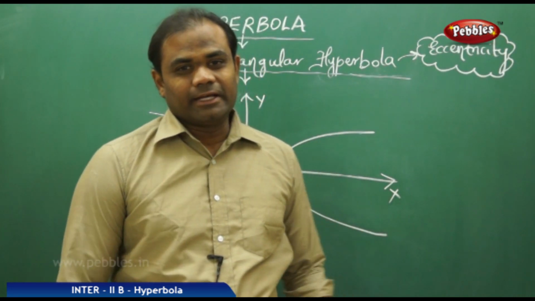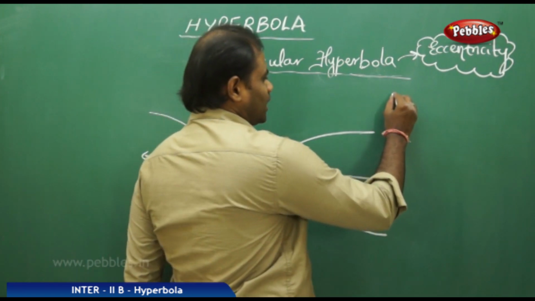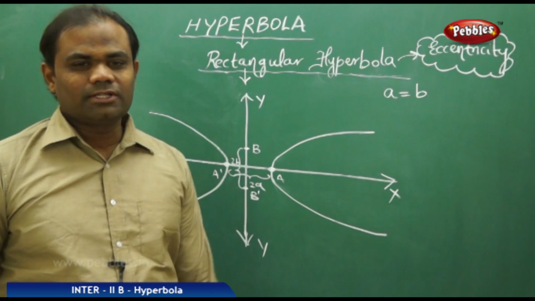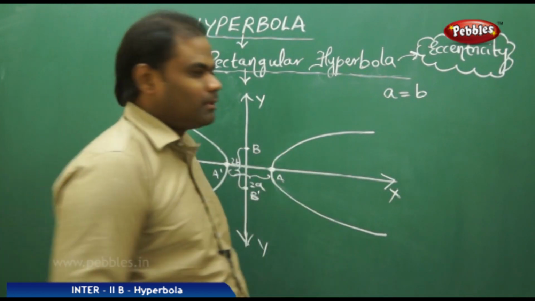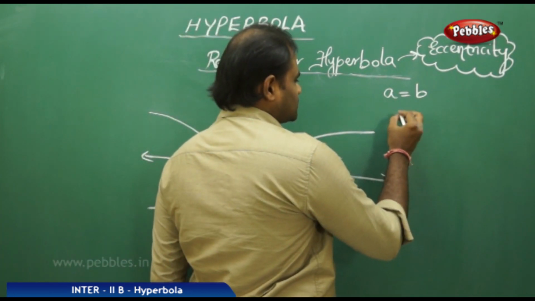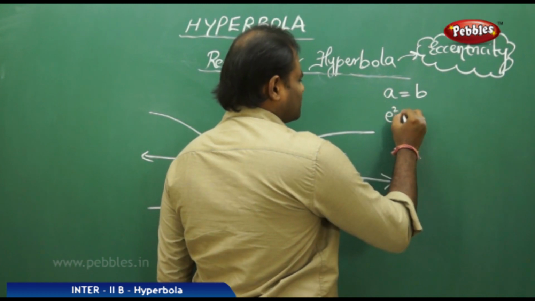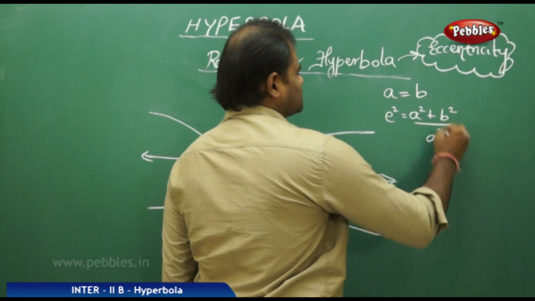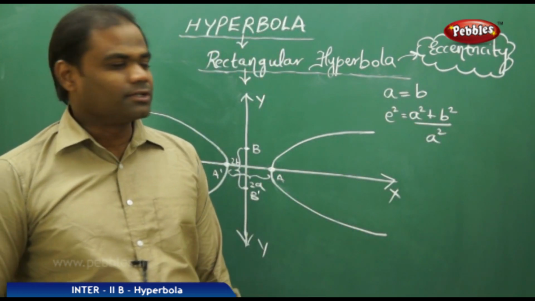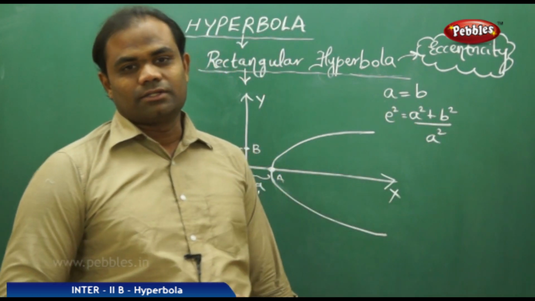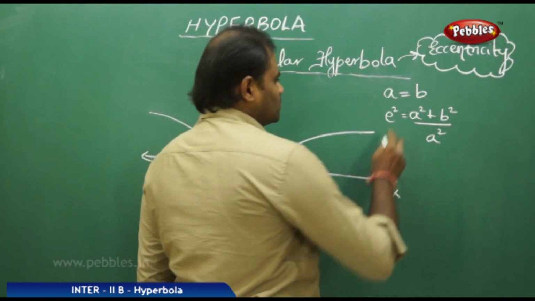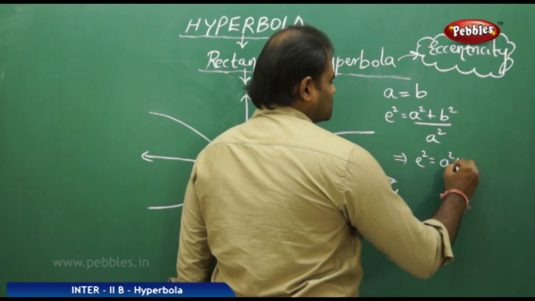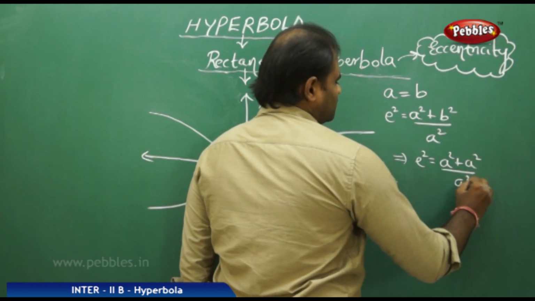Now let's find the eccentricity of the hyperbola. The condition is A equal to B. With this condition, my eccentricity is related such that E squared is A squared plus B squared by A squared. So we had the eccentricity derived with this as the formula. Now A equal to B implies E squared reduces to A squared plus A squared by A squared.